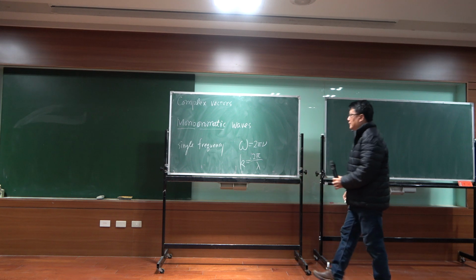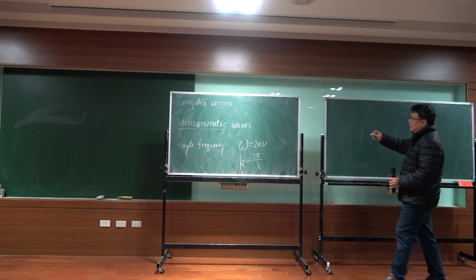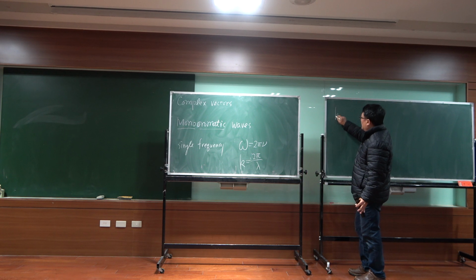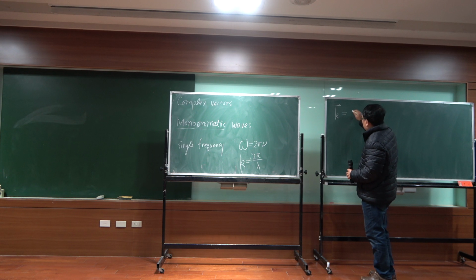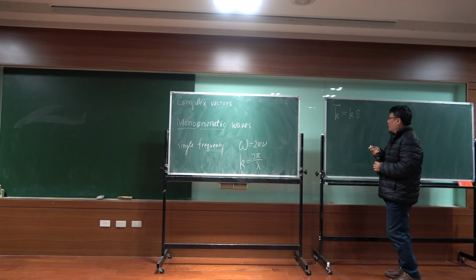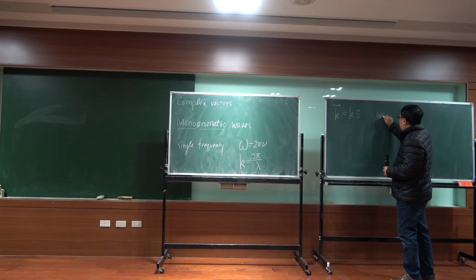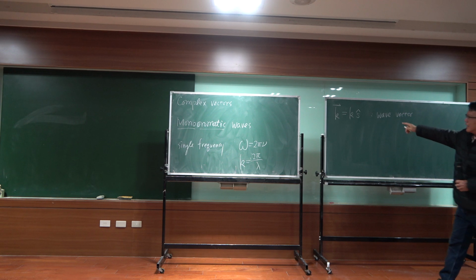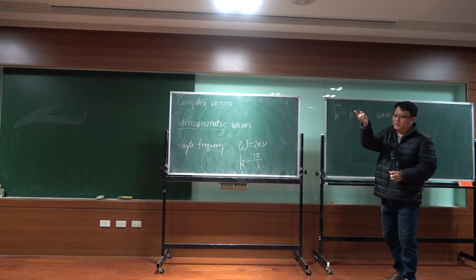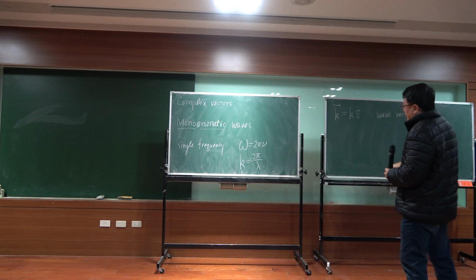The vector wave number is called the wave vector. Here s is the direction of the wave vector.